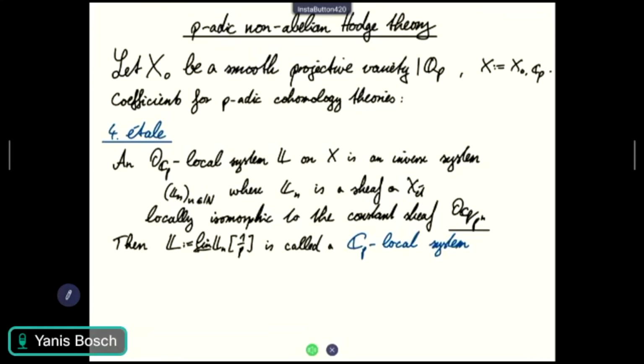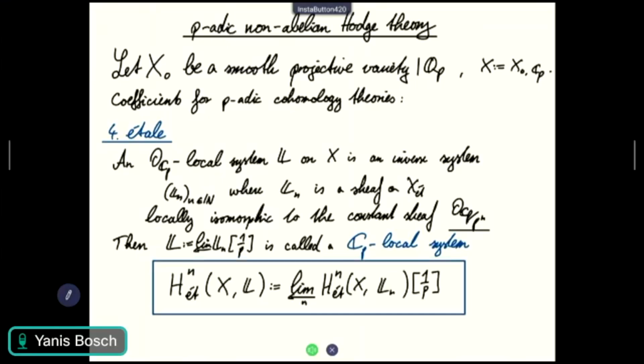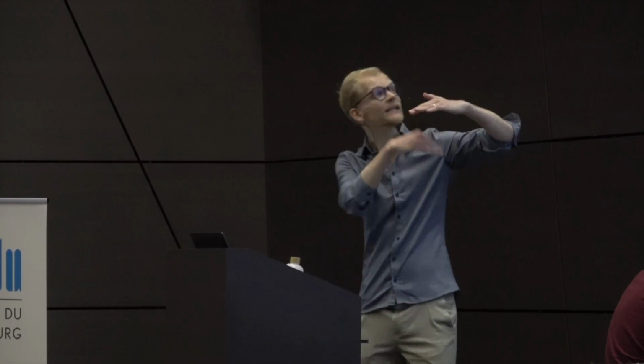So this is in some sense the most down-to-earth definition of a C_p local system. Once again, there are also more modern approaches to this by working on a different site, not the étale site but the pro-étale site, where I can really just copy the definition from complex geometry. But maybe this is the one that one usually uses in practice. And once I have this, I can define étale cohomology in the same way as before. So I take the étale cohomology of all these finite steps, of all these L_n, the things which are locally isomorphic to O_{C_p} mod p^n, and then I take the inverse limit of these cohomologies and invert p.